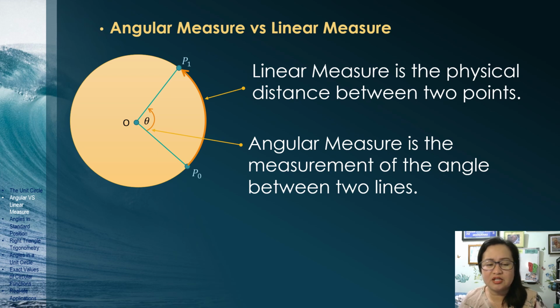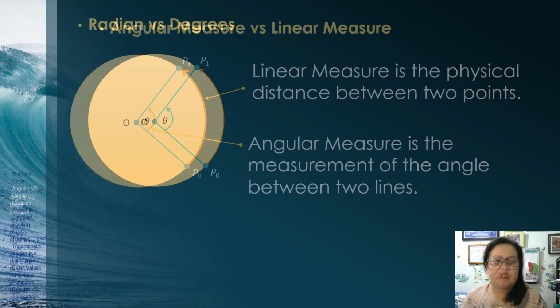So in this illustration, the linear measure refers to the measure of the arc, while the angular measure refers to the measure of the central angle.